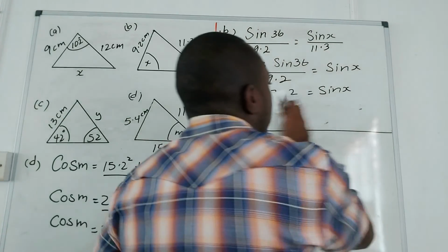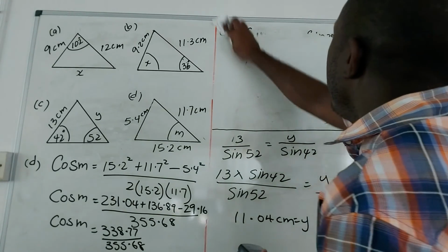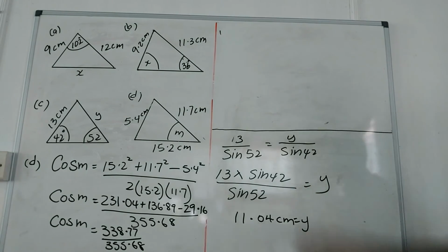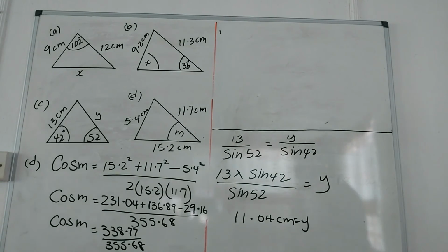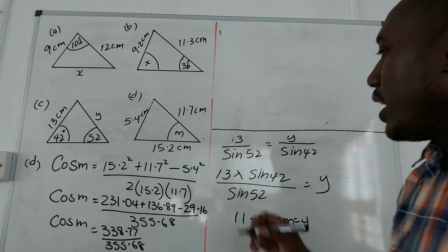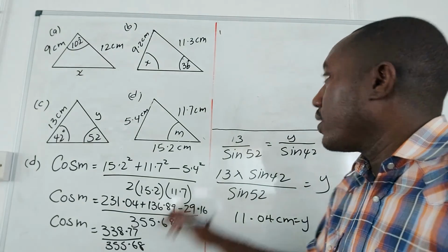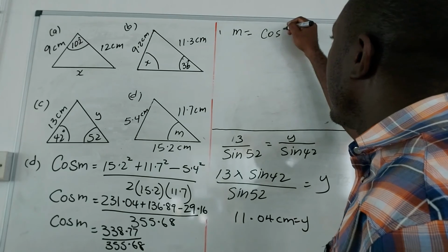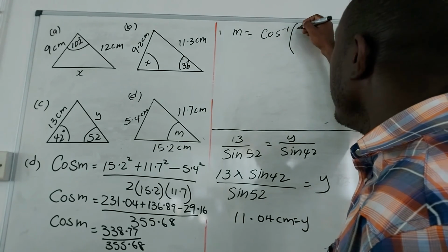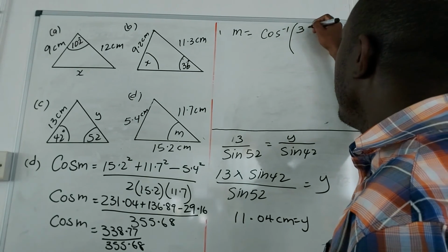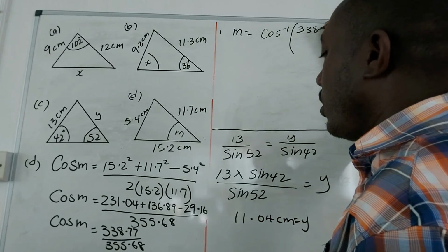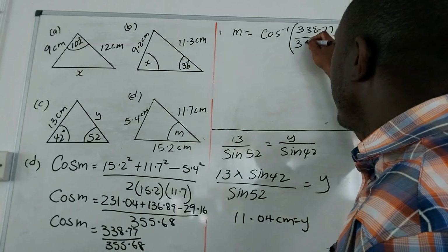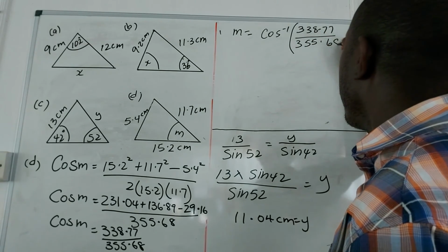So quickly, let us find what M is equal to. To find M, we have to do the cos inverse of this. M is equal to cos inverse 338.77 over 355.68.